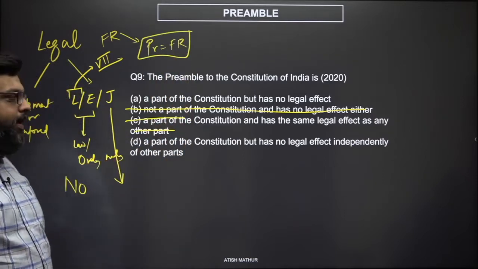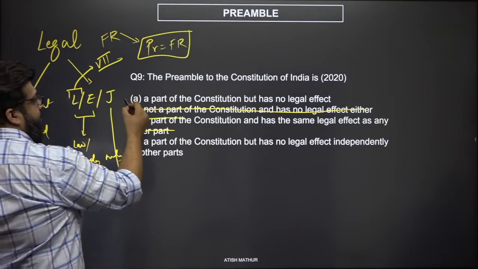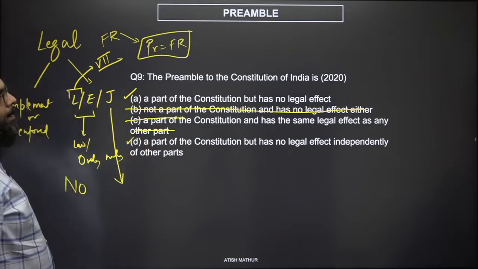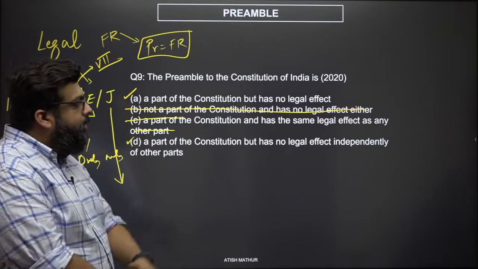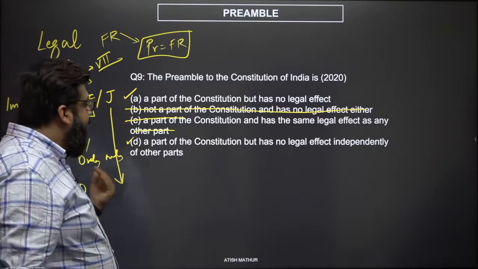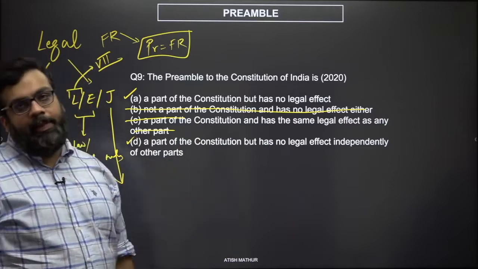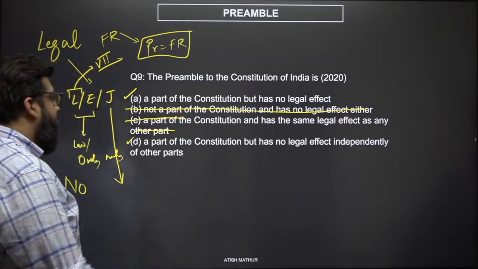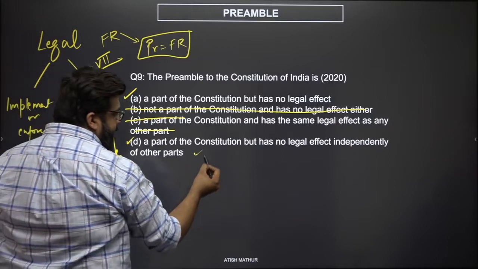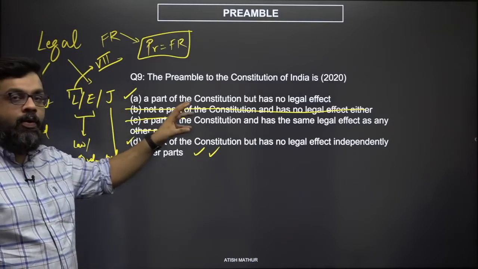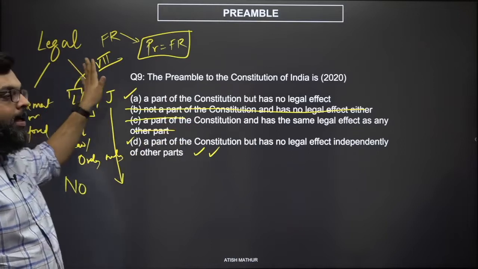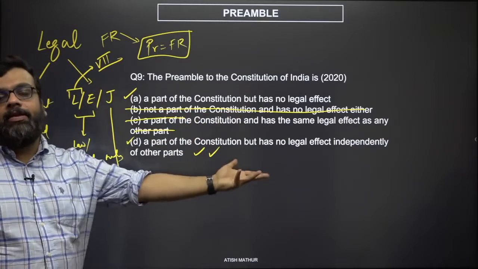Apply the devil's advocate theory. Now you are left with option A and option D, a part of the Constitution but has no legal effect, a part of the Constitution but has no legal effect independently of other parts. Between A and D, D seems to be the better choice, because you can make a law on the basis of the preamble and something else which is enforceable.